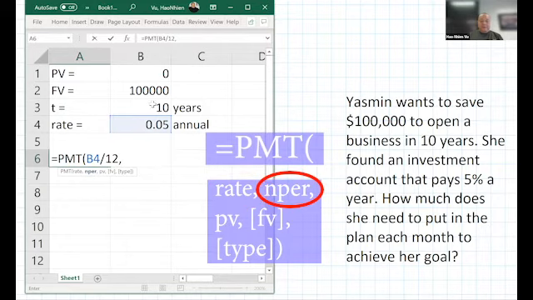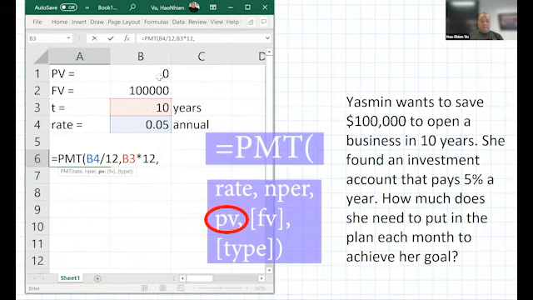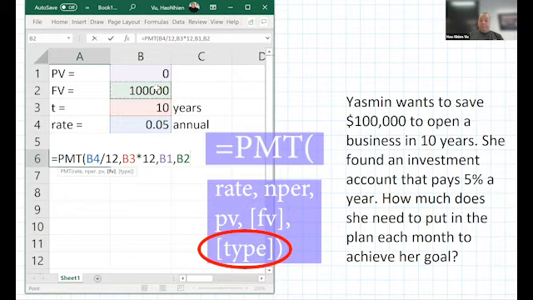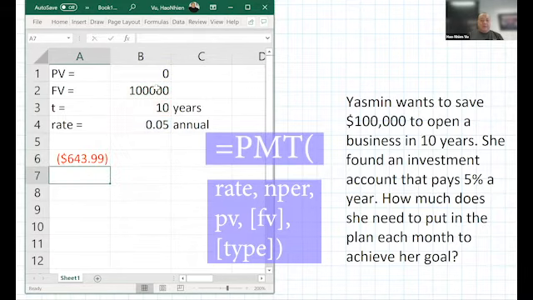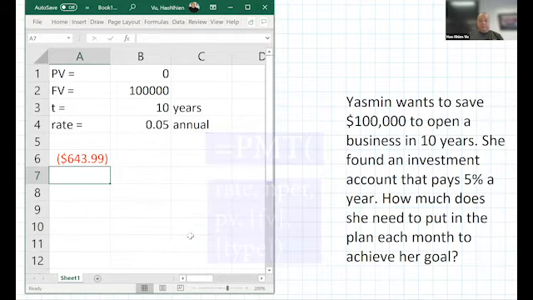Number of periods is time times 12, comma. Present value, 0, comma. And then future value, 100,000. Type is optional and it's going to be 0 all the time, so I'm just going to skip it. I'm going to close my parentheses and hit enter. I get $643.99 in negative, just like the answer I got in Google Sheets.